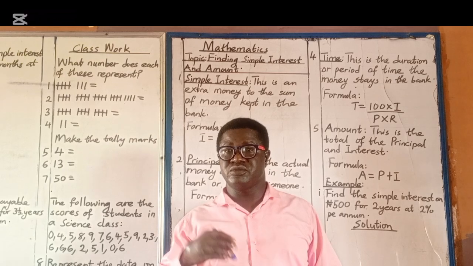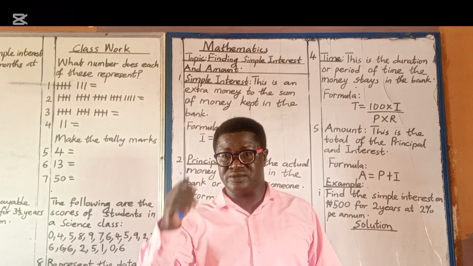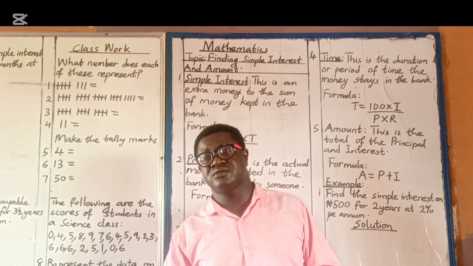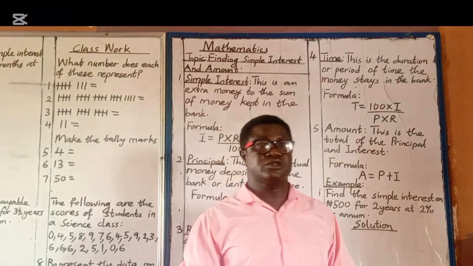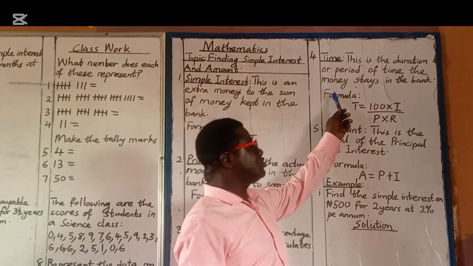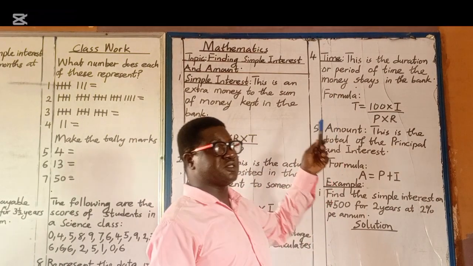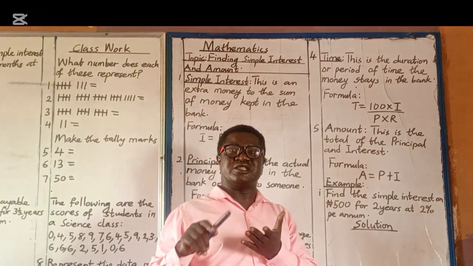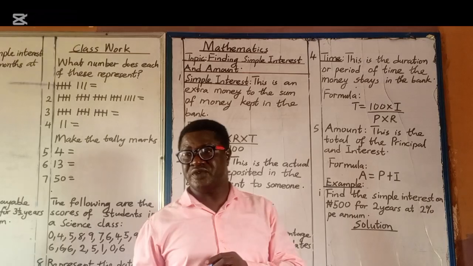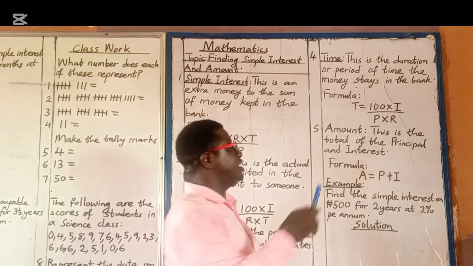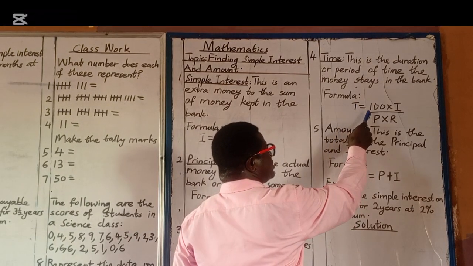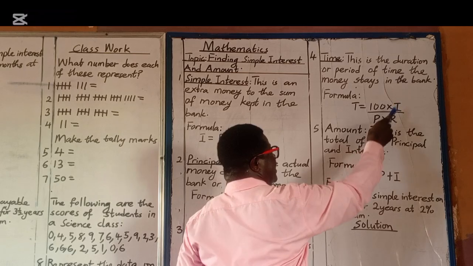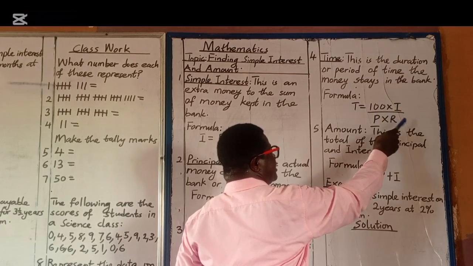So, the more you leave your money in the bank, the more interest you get. When we talk about time in simple interest, we are referring to the years. The formula says time equals 100 times I divided by principal times rate.